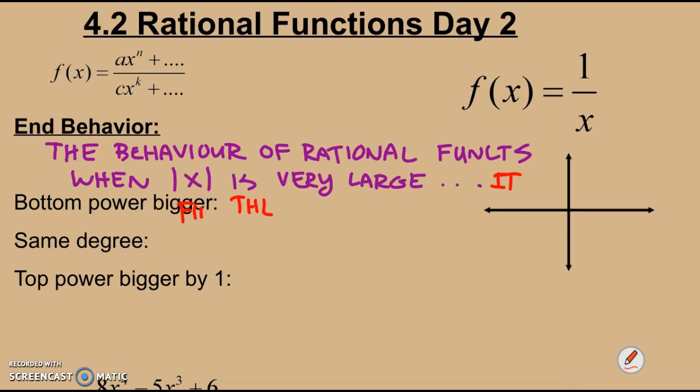It finds the horizontal asymptote. Did you know that asymptote had a P in it? Asymptote. Weird word. Anyway, so we're trying to find the horizontal asymptote. That's what we're talking about.